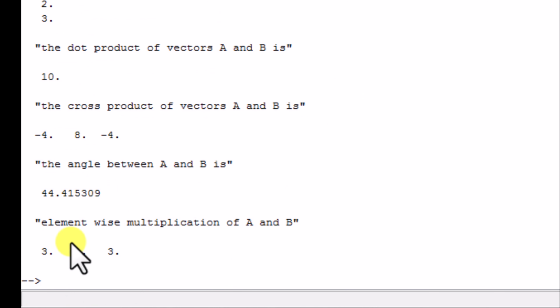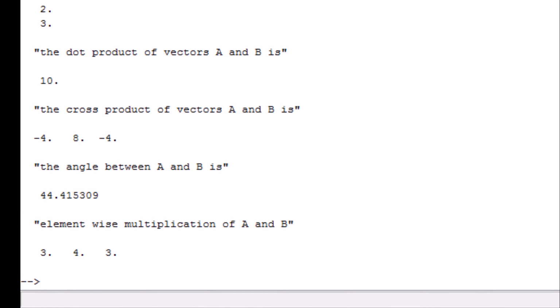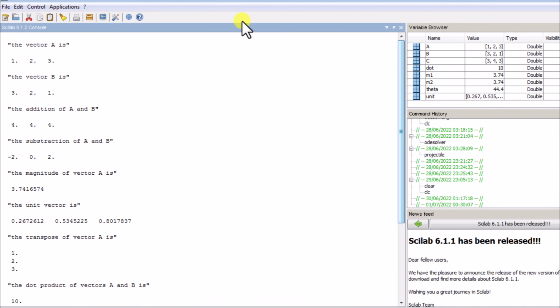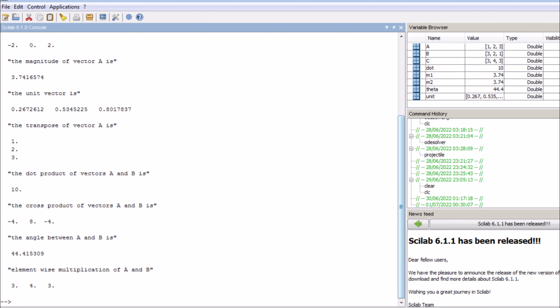As you can see, 3 4 3. Why are we getting 3 4 3? Vector A is this, vector B is this. 3 multiply 1 is 3, 2 multiply 2 is 4, and 1 multiply 3 is 3. So we get 3 4 3 because of this element wise multiplication.